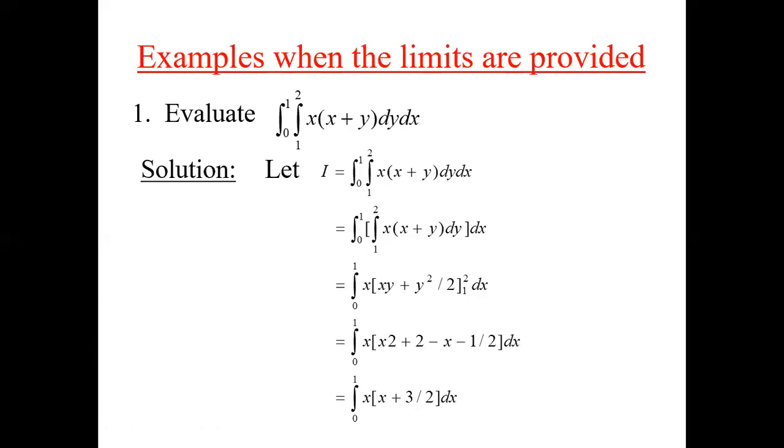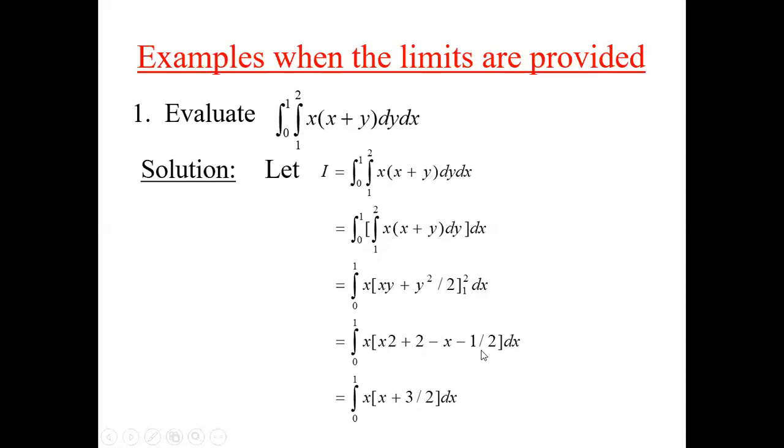Then the lower limit, y is equal to 1. This becomes minus 1, and minus 1 multiplied by x is minus x. Then y is equal to 1 becomes minus 1 upon 2. And then this has to be integrated with respect to x again.